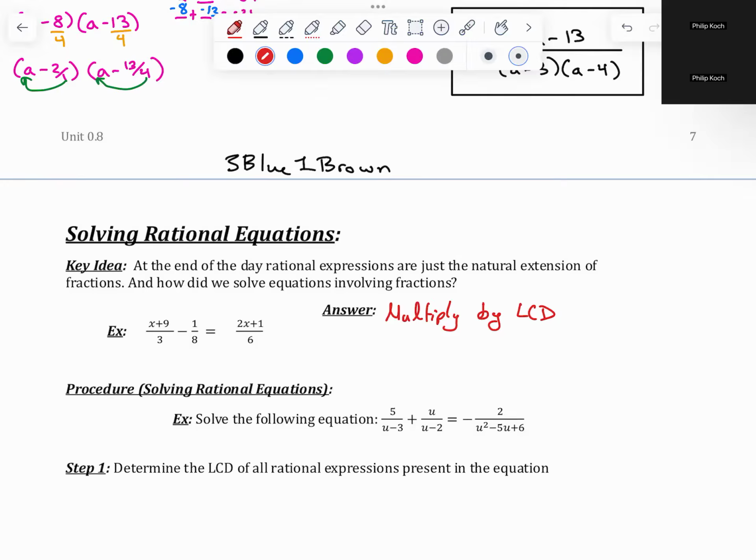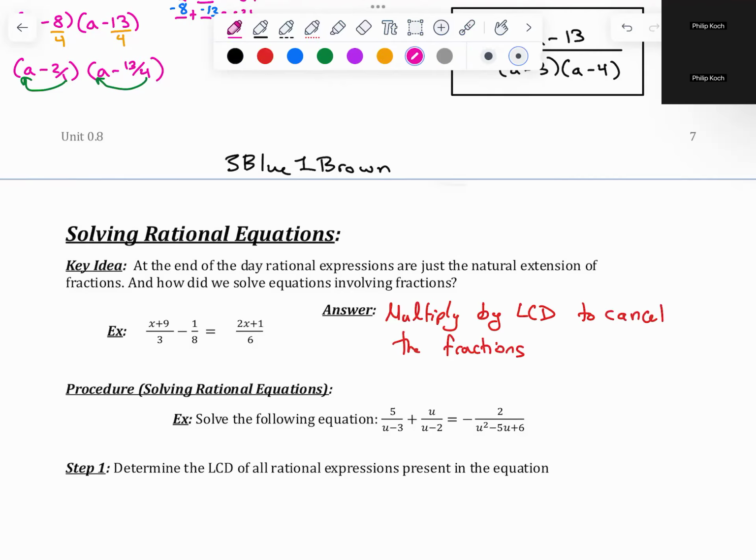The LCD of 3, 8, and 6, the smallest number that goes into all of those things, is 24. So multiply the LCD to cancel the fractions.